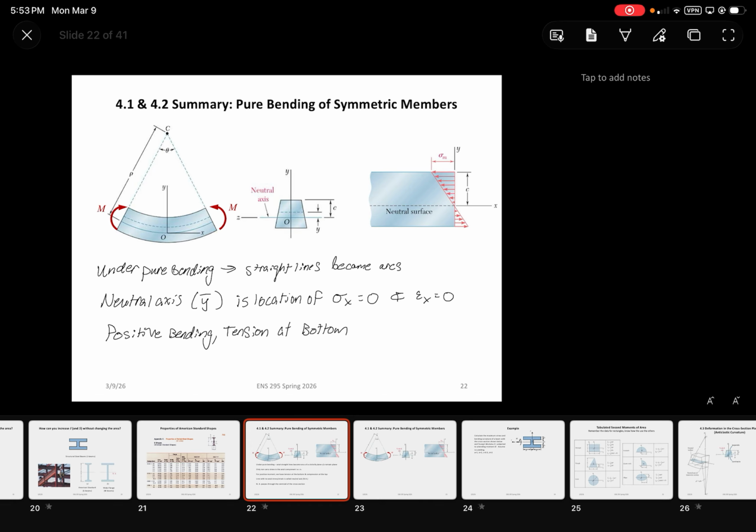And then lastly, the neutral axis passes through the centroid of the cross section, which we defined as the integral of y dA equals 0. And then continuing, let me just let you write this down really quickly.